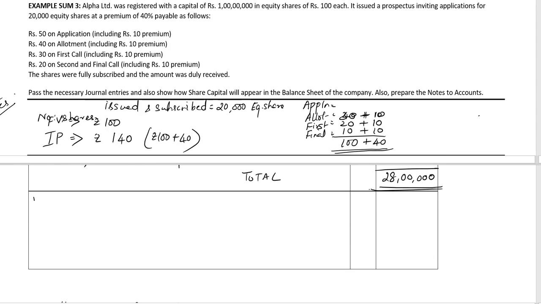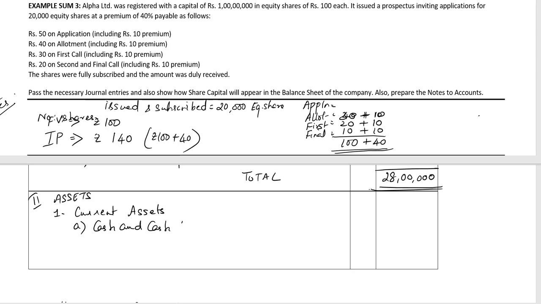The second part of the balance sheet is assets. We have 1 as current assets, and under that A as cash and cash equivalents.